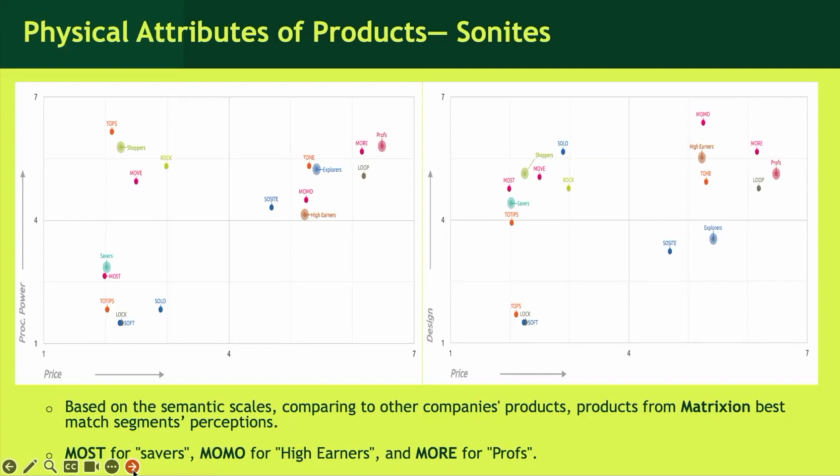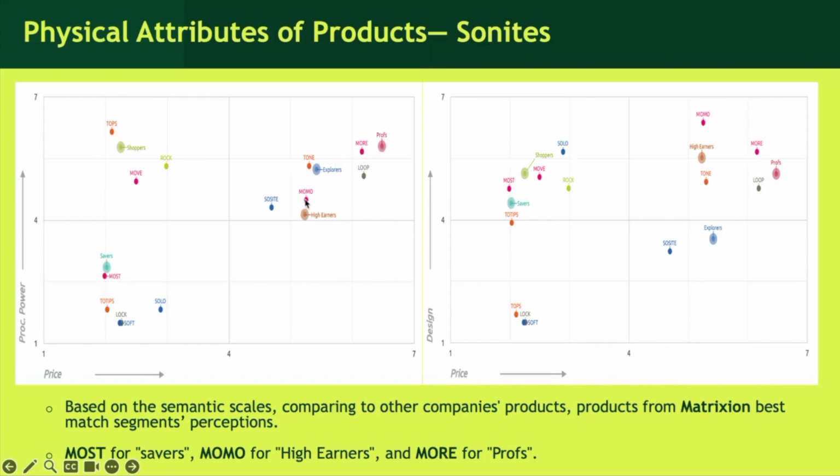And speaking of the physical attributes of products, in the Sonnet market, we can see based on the semantic scale, comparing with other companies, that the products from Matrixon are liked the most.